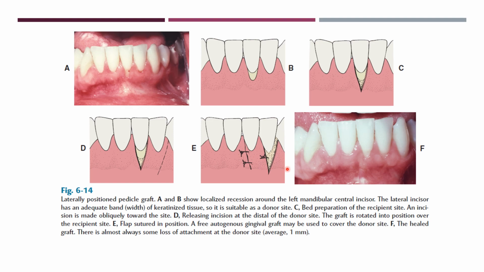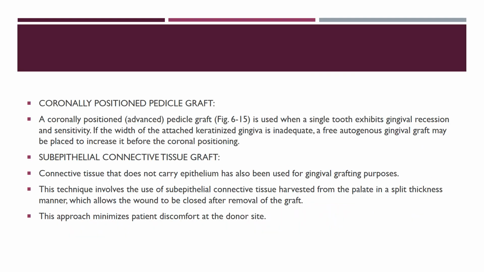And then sutured, and then you can see the healing, right? Okay. Coming to coronally positioned pedicle graft. A coronally positioned pedicle graft is used when a single tooth exhibits gingival recession and sensitivity. Okay? All right. And then I'll just show you the photo.